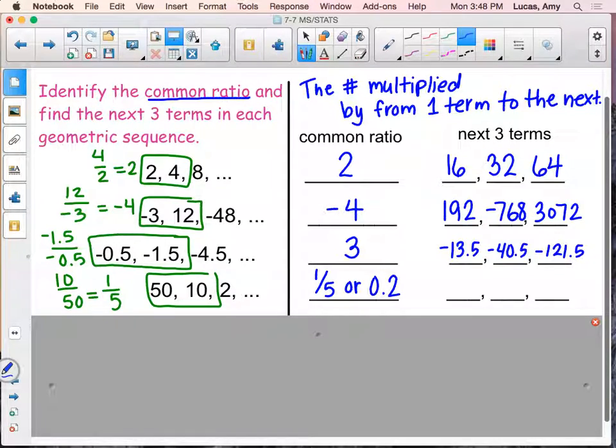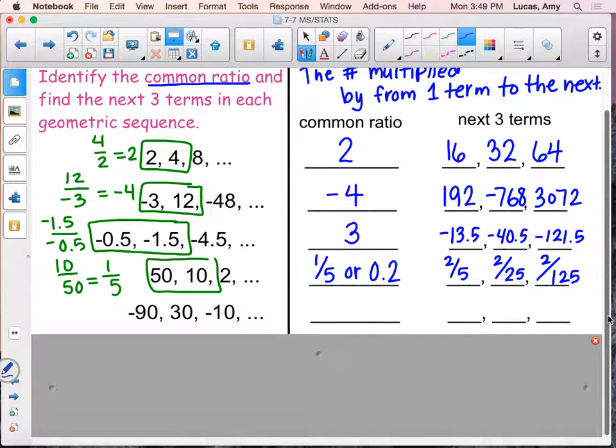That's what it's being multiplied by each time. So 2 times 1/5 would be 2/5. And then if I multiply by 1/5 again, remember that you multiply your numerators and your denominators. So I would get 2/25ths. And then if I multiply by 1/5 again, I would get 2/125ths, like that. And again, you might see fractions, you might see decimals.